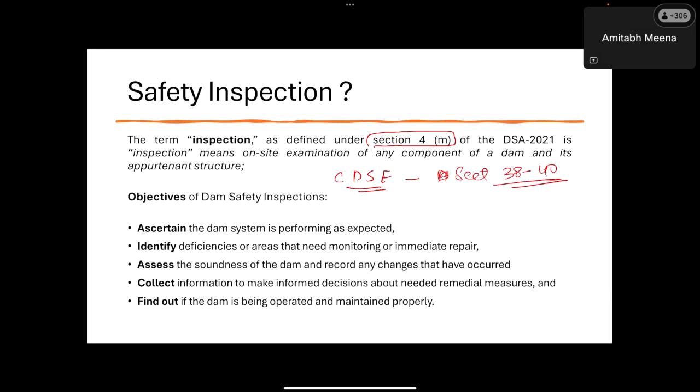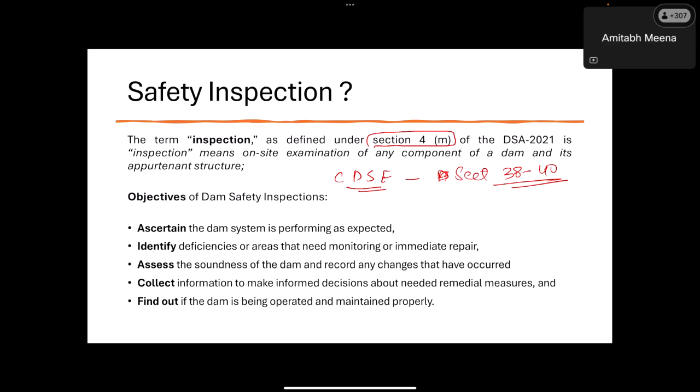So this CDSE goes beyond the regular inspections. In the regular inspections, we only see the structural behavior, how the structure is behaving right now, whether it is behaving in a normal way. If it is not behaving in a normal way, then there may be some symptoms which would be visible and could be identified by visual inspection only.